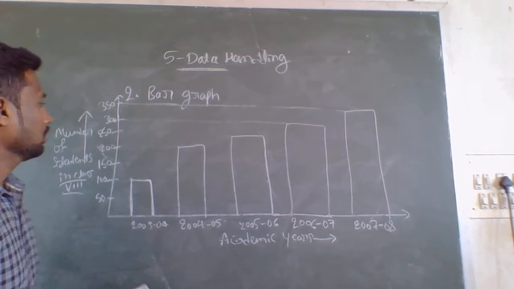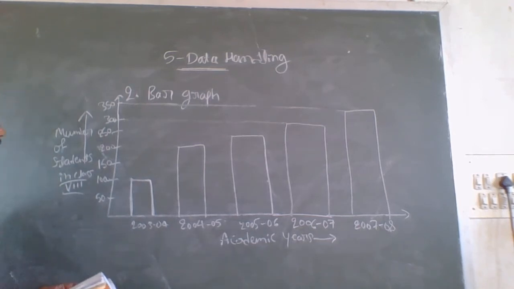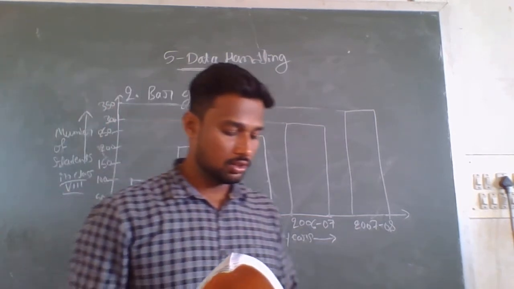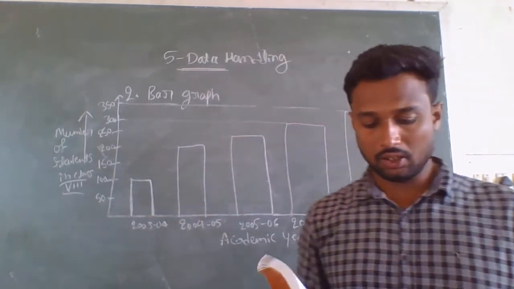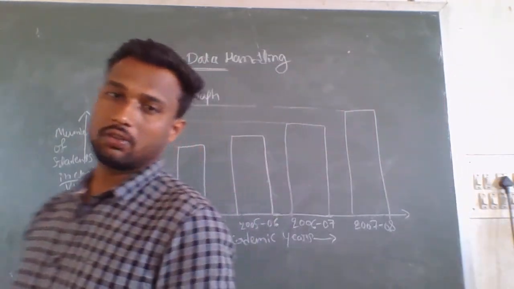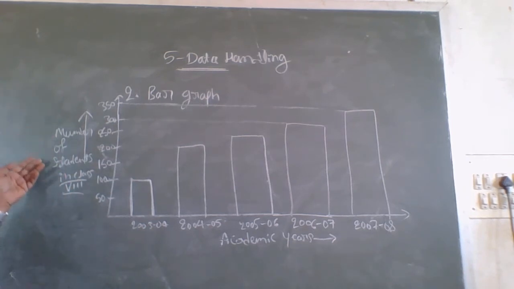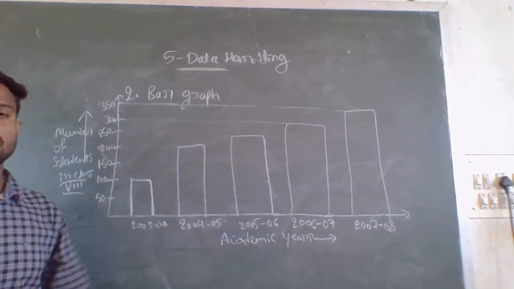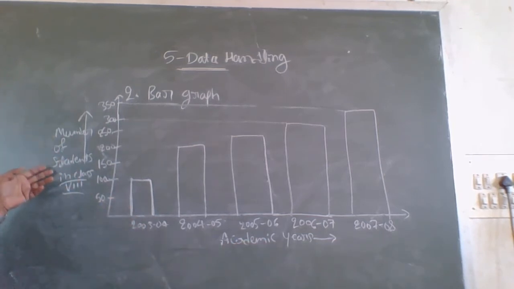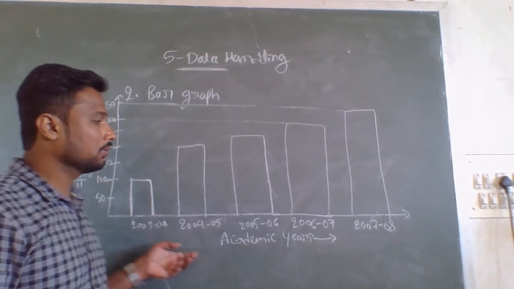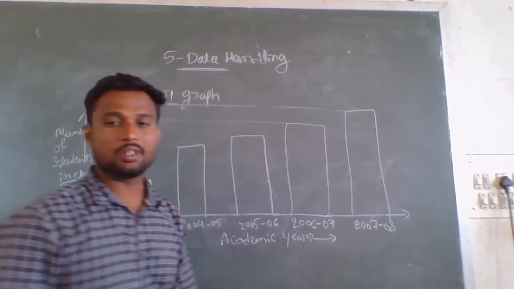Now, for this graph, they are given some questions. What is the information given by the bar graph? Number of students in class 8 during different academic years, or number of students in class 8 from 2003 to 2008 academic years.